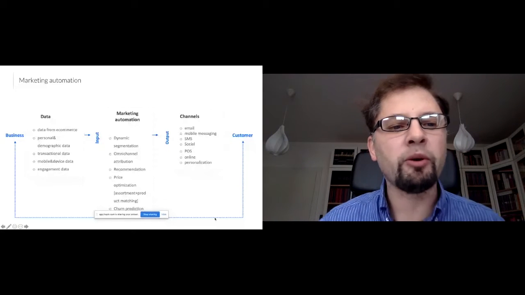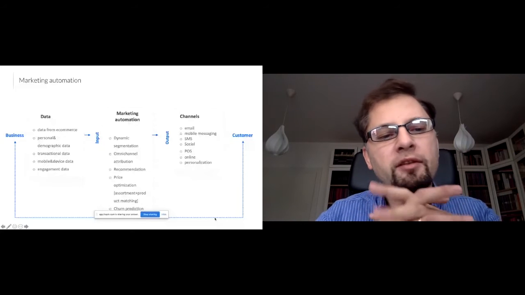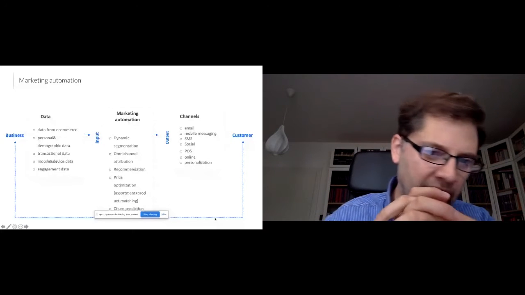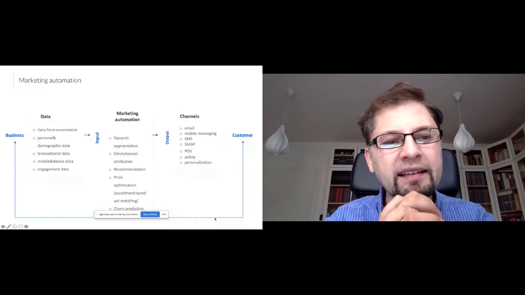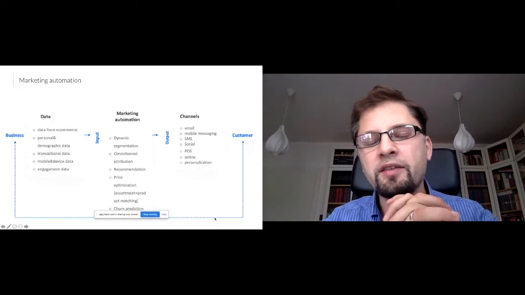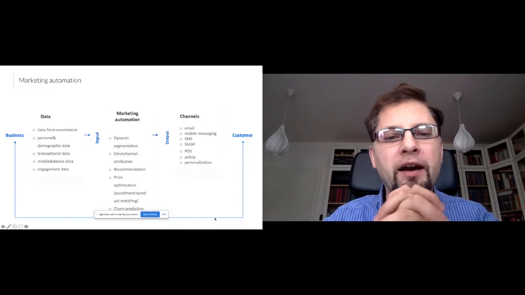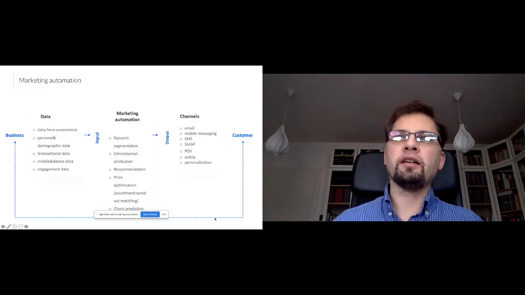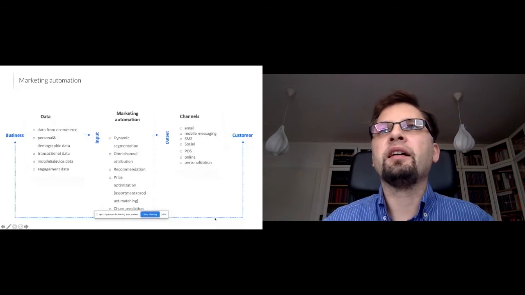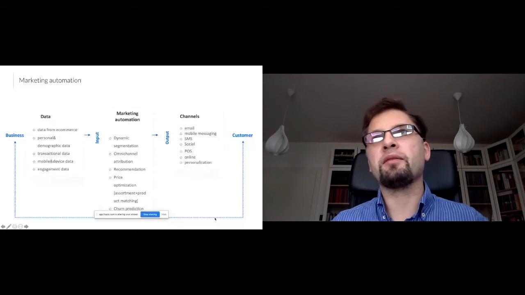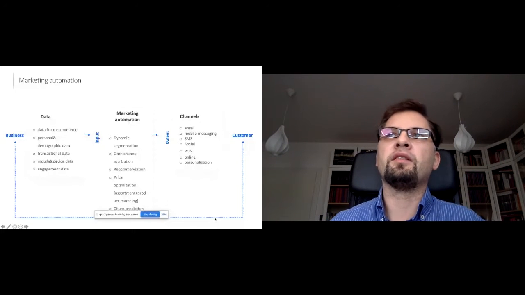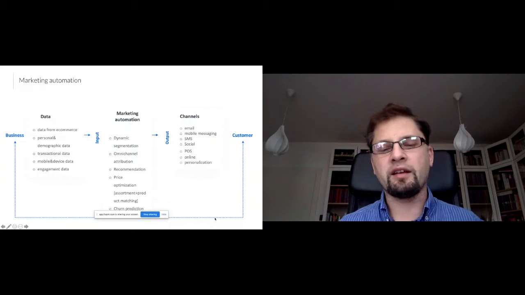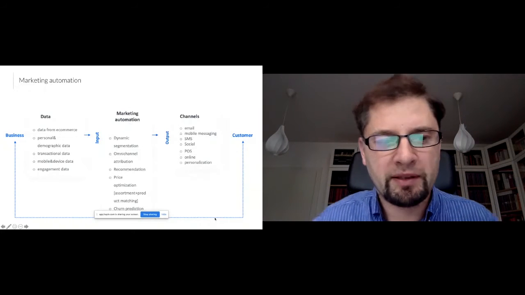As data, we usually have some data from e-commerce, some personal demographic data, transactions, and also engagement data. So it's not only about people buying things, but also about people clicking links, looking at things, rejecting, because sometimes rejection of a given suggestion is even more useful than people's involvement.